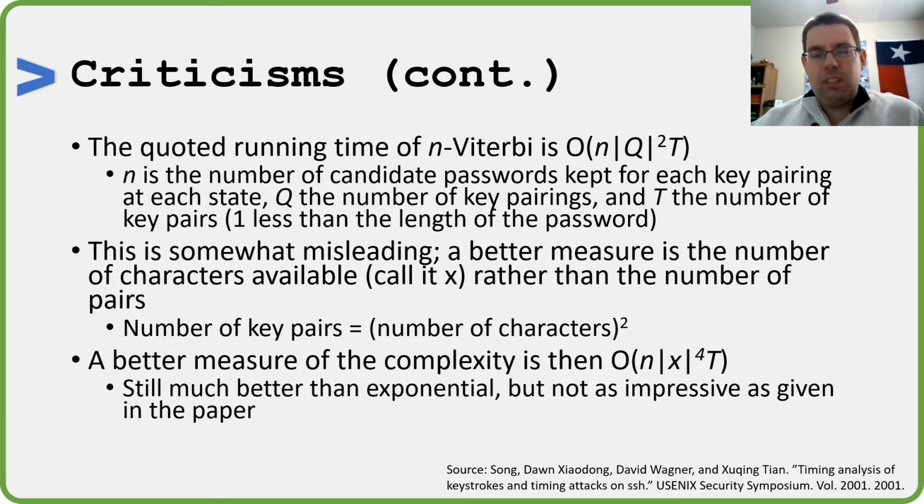I mean, when we go to the full keyboard, we're actually scaling based on the number of keys we use. And so the number of key combinations would be the square of the number of keys. And so a better representation, I think, of the complexity is order of n times x, where x is the number of keys, or rather number of characters available, to the fourth times t, which is of course still much better than exponential brute forcing approach, but not quite as good as what the paper said.